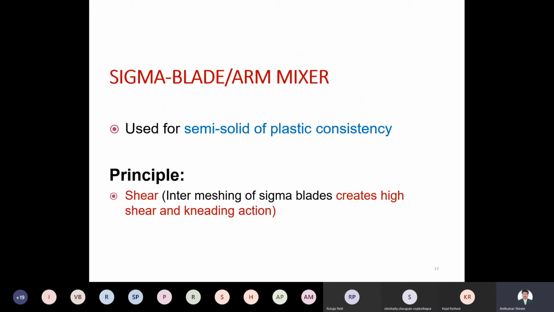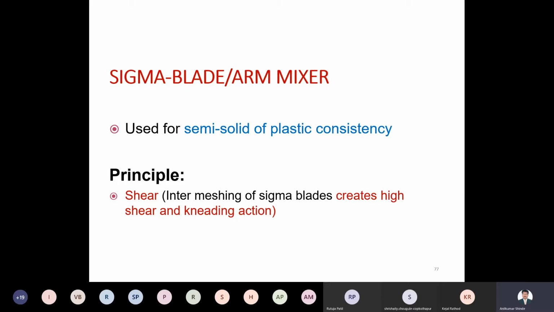The second mixer is called a sigma blade, or it is also called an arm mixer. The name itself is the same as sigma. The size and the shape of the blade is the same as sigma, that's why it is called a sigma blade. This sigma blade is used for semi-solid, plastic consistency material.